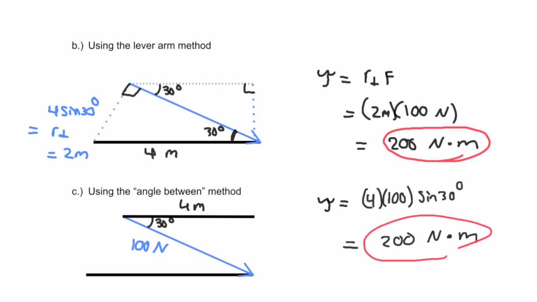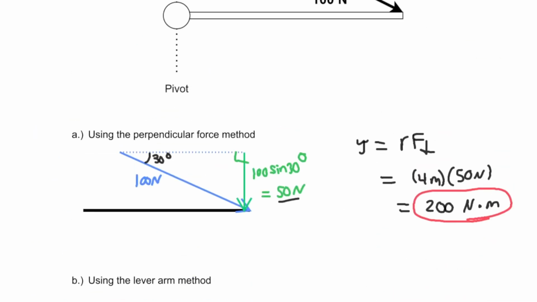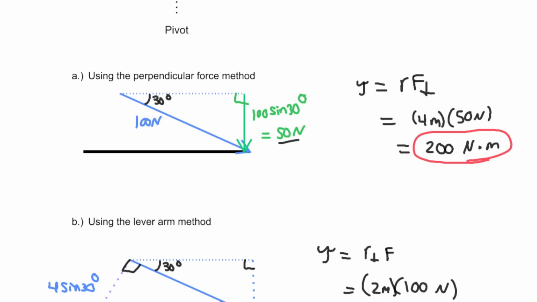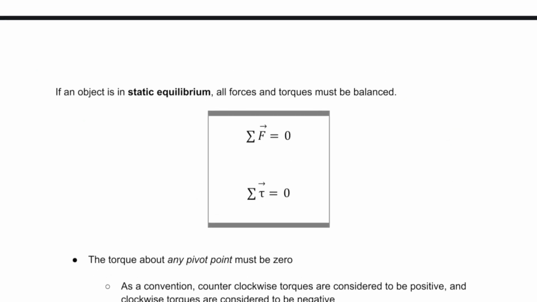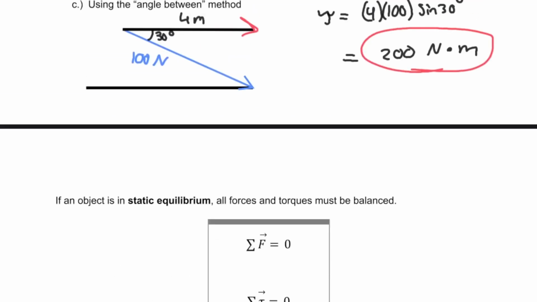So again, in practice, if I were to do this, I probably would have done the first method of just finding F perpendicular, although a close second for me is just seeing that R and F have a 30-degree angle between them. And again, it's important that your vectors are tail to tail, or else you'll be off by 180 degrees. Or the supplement, sorry.